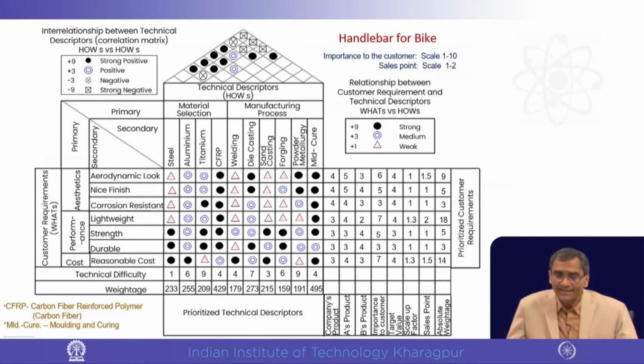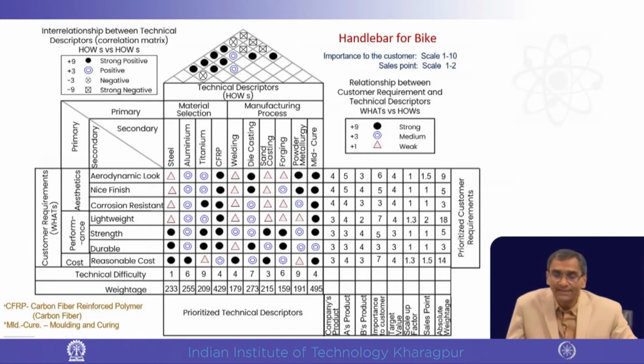Now, having said that, coming back to the earlier question of the 3 values in the 3 columns, the company's, A's and B's. From that, the design team will now set a target value, because when we are setting the target value, we are considering several different aspects.